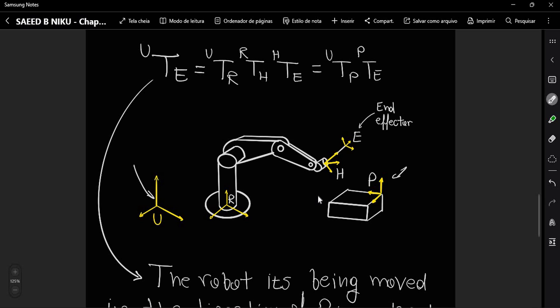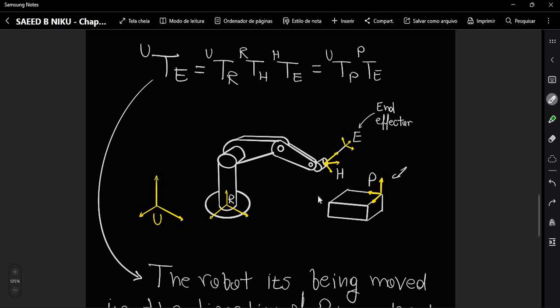We have this framework, which is the universe reference, and we do the transformations having this one as reference, since we need coordinates to pass to the end effector, so it can do the drill on the workpiece.